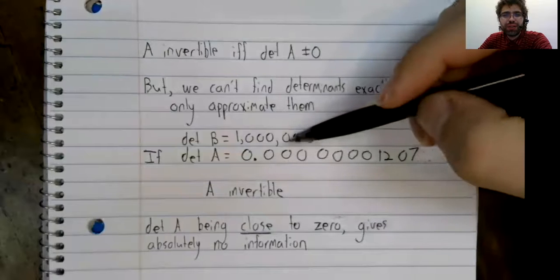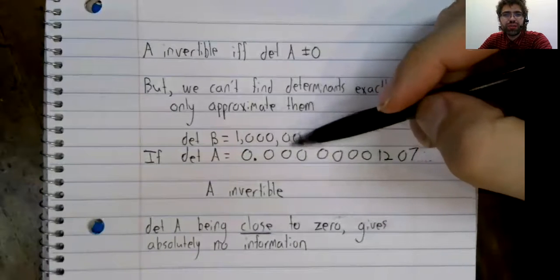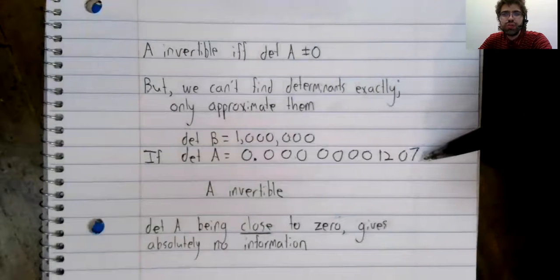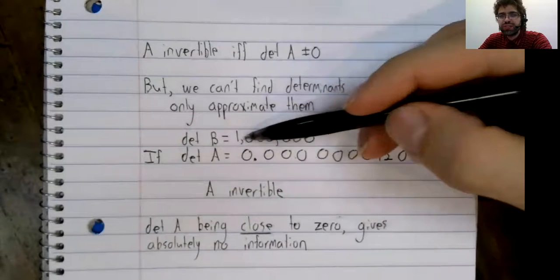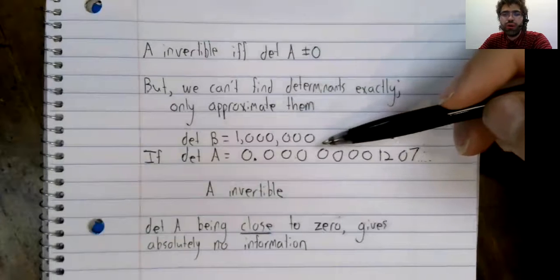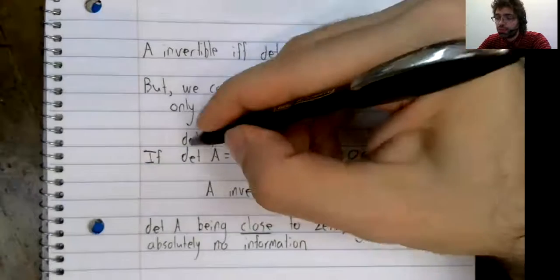I mean, neither of these determinants are 0, but this determinant comes so close, whereas this determinant isn't close to 0 at all.